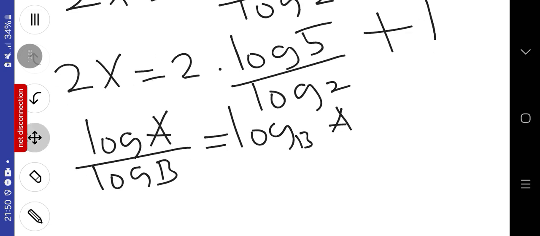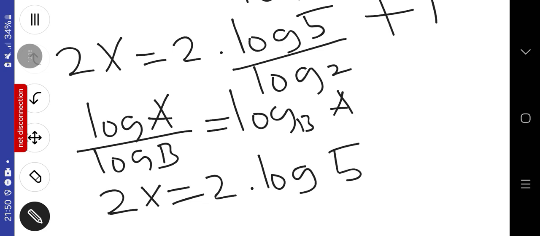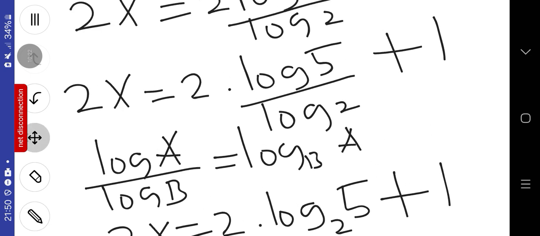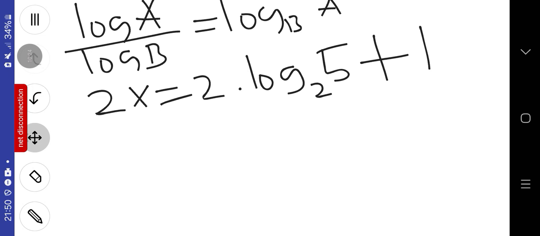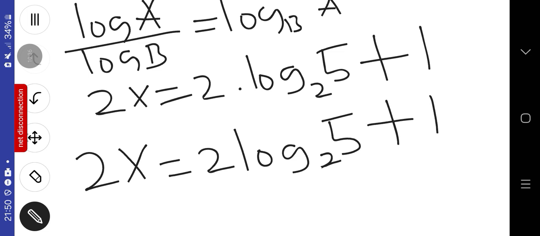So you're going to have 2x equals 2 times log 5 base 2 plus 1. Now our equation becomes 2x equals 2 log 5 base 2 plus 1.